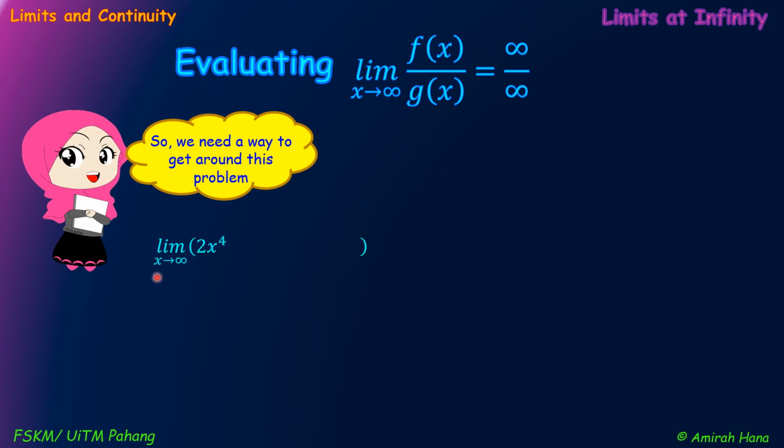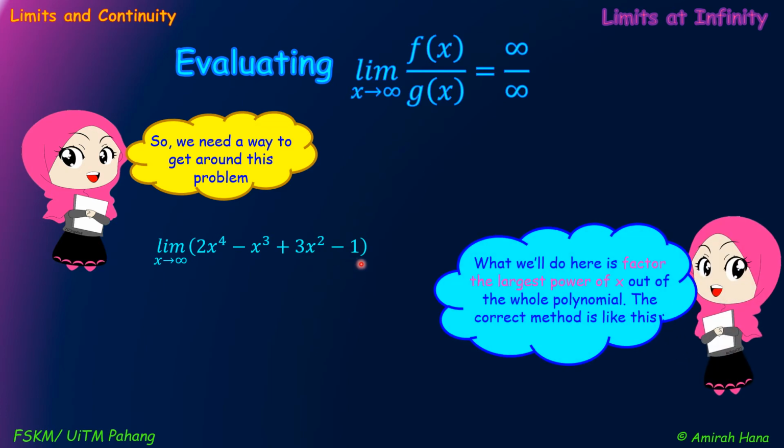So, to solve limit x approaches infinity of 2x to the power of 4 minus x cubed plus 3x squared minus 1, what we will do here is factor the largest power of x out of the whole polynomial. The correct method is like this.